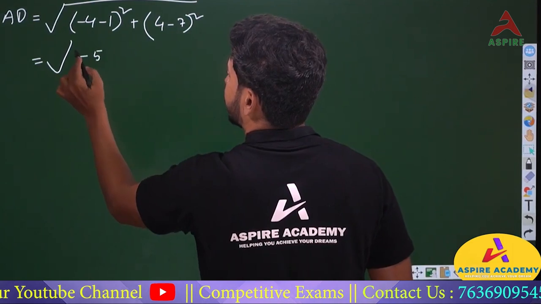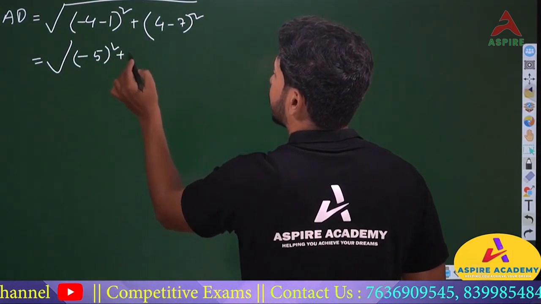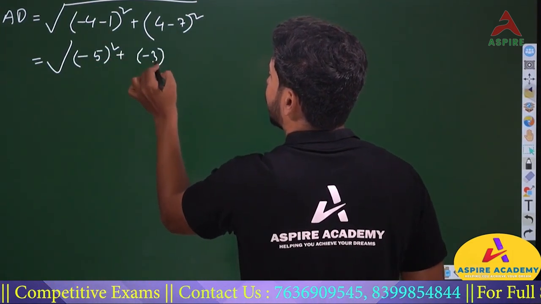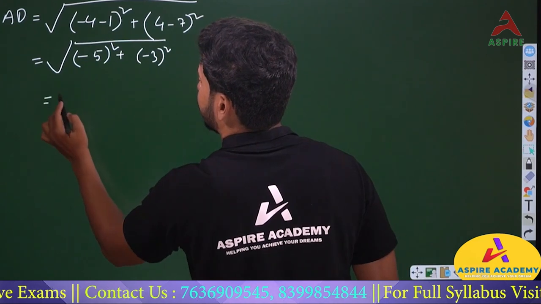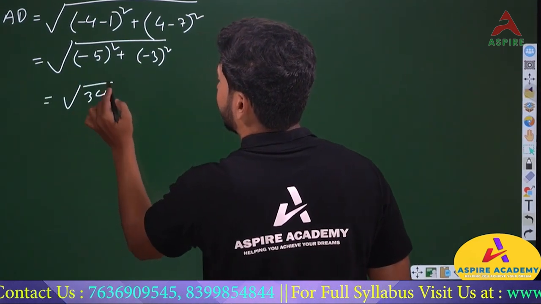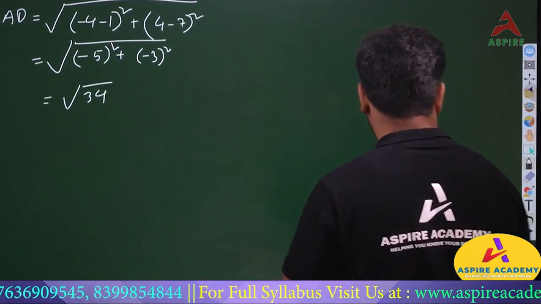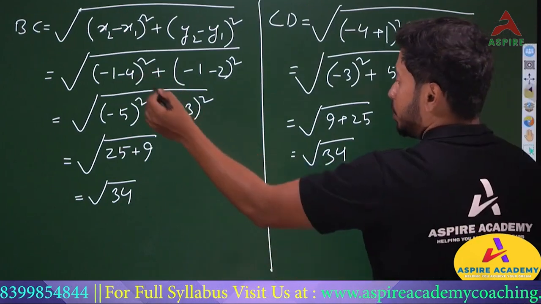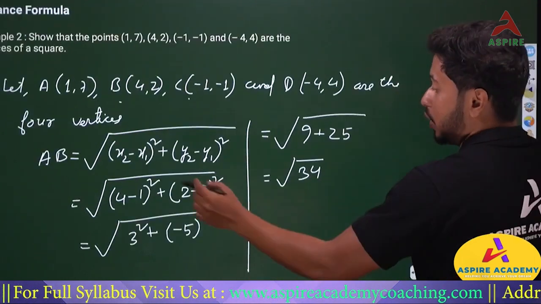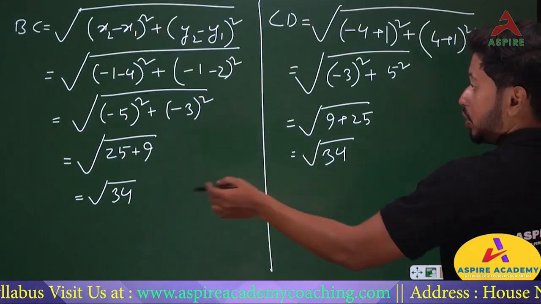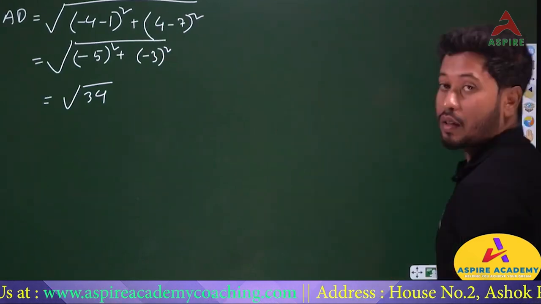So this is minus 5 square plus minus 3 square, so this will also be 34. So here AB, BC, CD and DA all are equal. AB root over 34, BC, CD and DA all are equal.